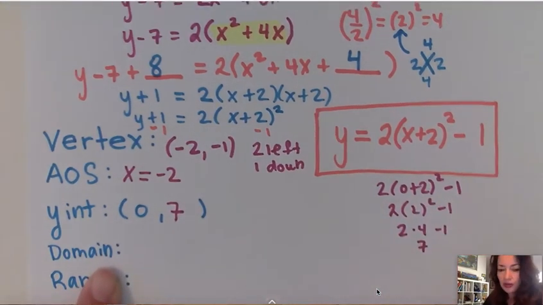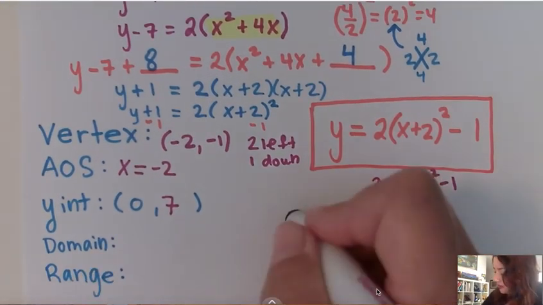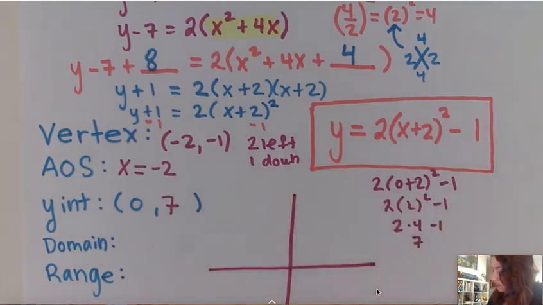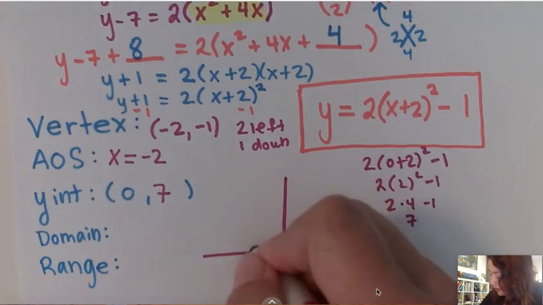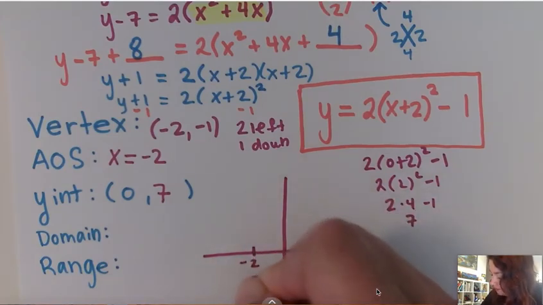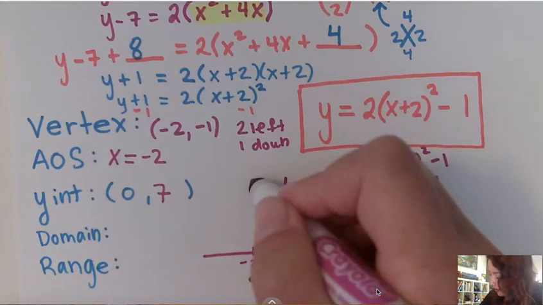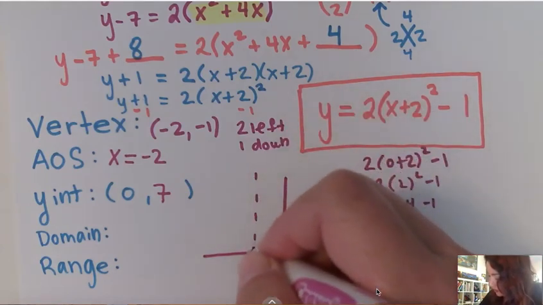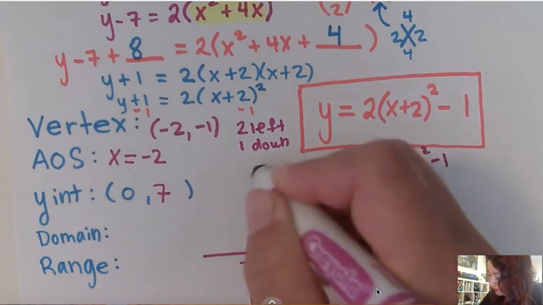Our domain. So let's go ahead and make a quick sketch. I'm going to put the vertex down first. So at (-2, -1), we have a point. We also have our axis of symmetry, which is the line x equals -2.